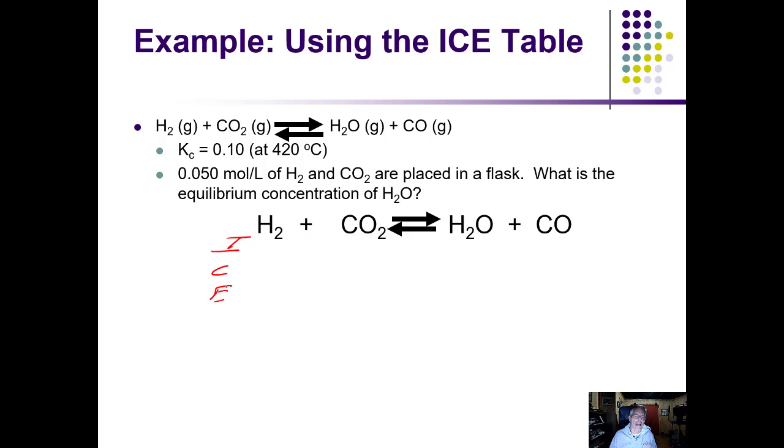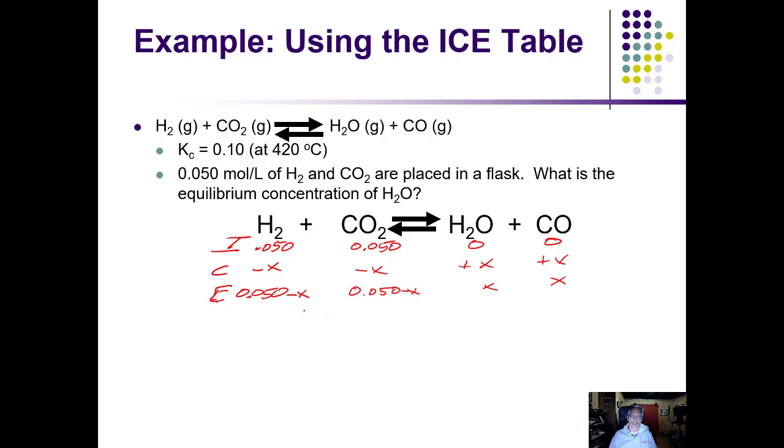I highly recommend that you put these letters up here to remind yourself what you're doing. This is 0.050, 0.050, 0, and 0. The changes are minus x, minus x, plus x, and plus x. The equilibrium line is 0.050 minus x, 0.050 minus x, 0 plus x is just x, and x, just like we did on the previous page.